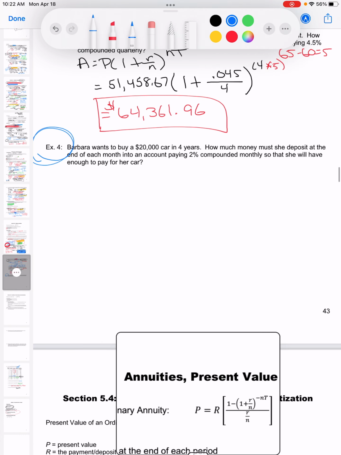Coming back from the pause, I'm going to have to scroll up a little bit. We want $20,000 4 years from now. My interest rate is 2% and it's compounded monthly, and we want that in 4 years.